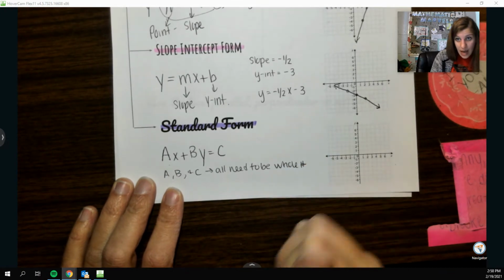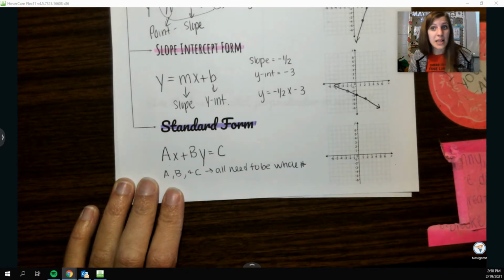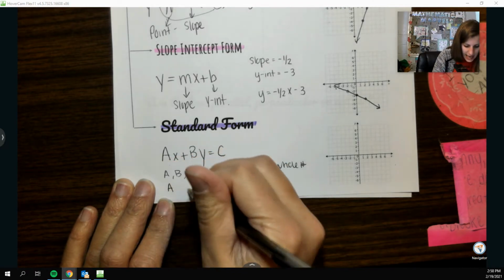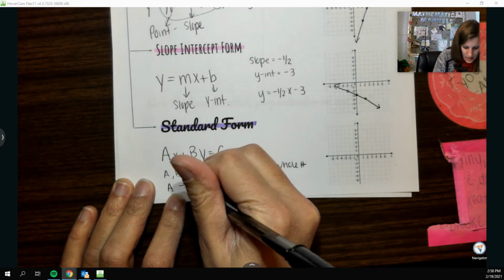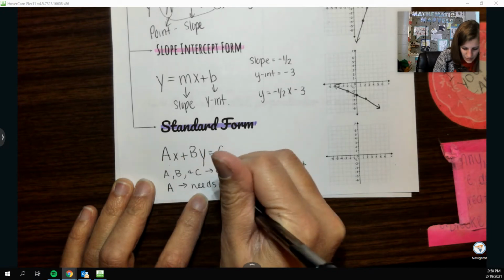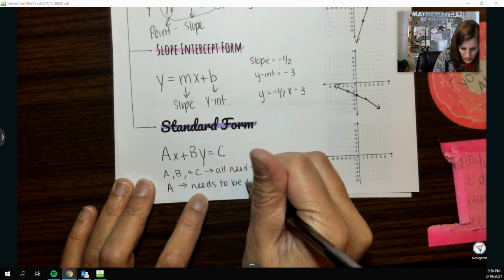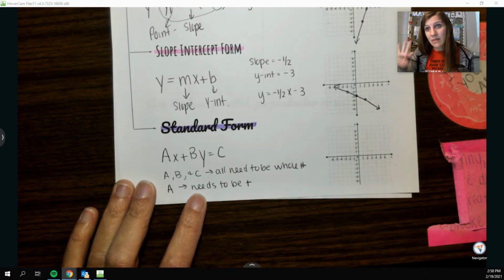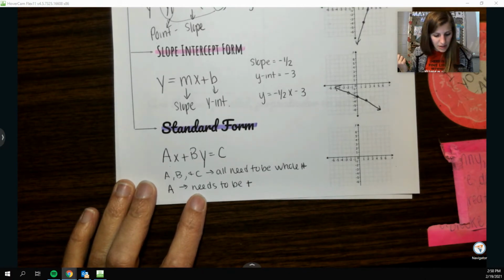No fractions allowed. So we multiplied by the denominator to get rid of it. And a needs to be positive. So if it wasn't, we multiplied everything by a negative to make it positive.